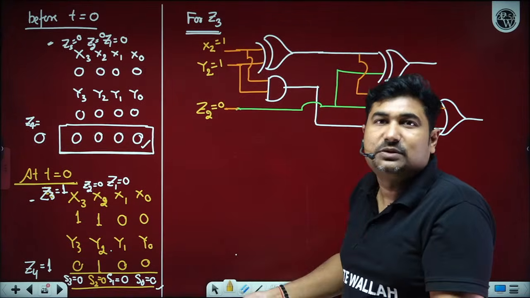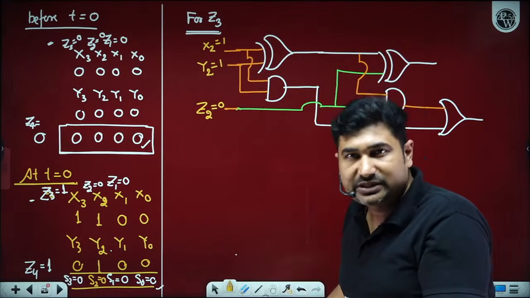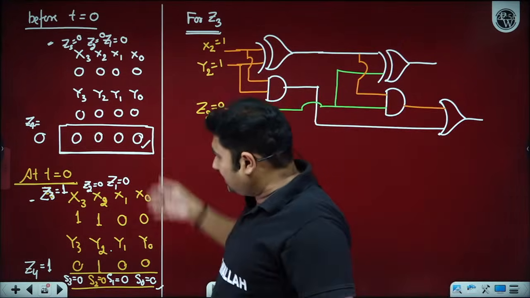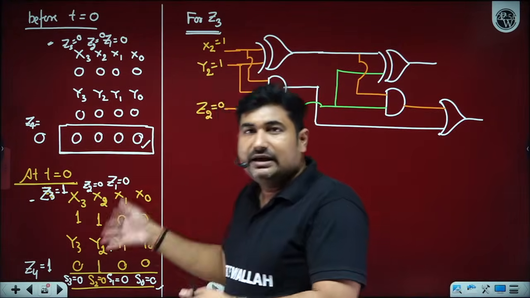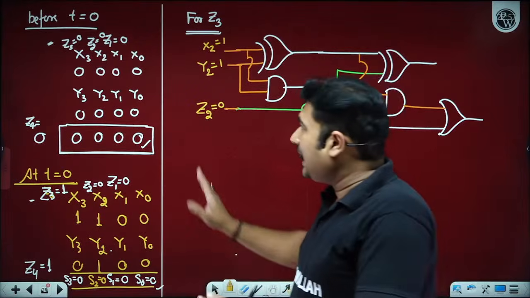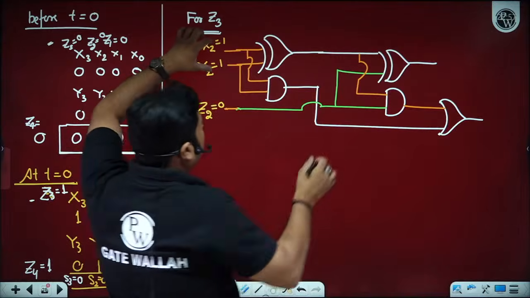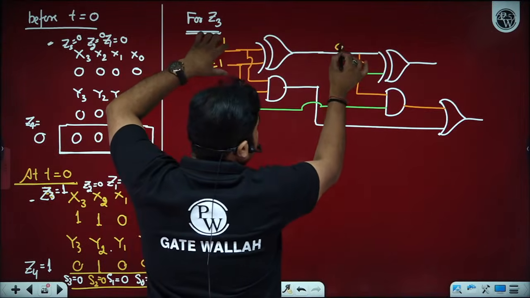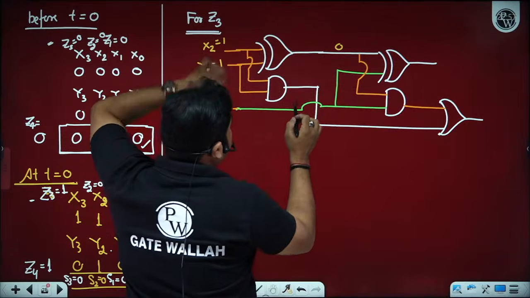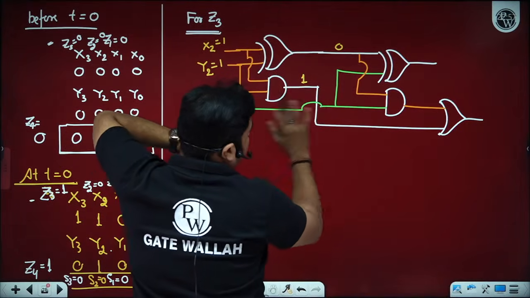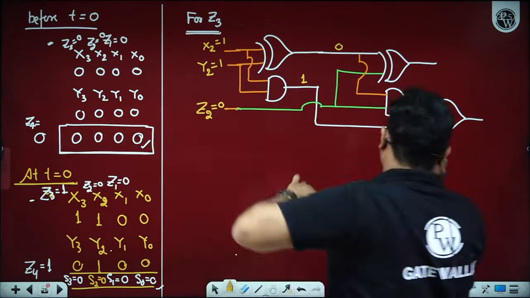It is already 0, and everything up to this part is as before. But now if you observe 1, 1, for the XOR we get 0, and for the AND of 1, 1 we get 1. We are getting 1 here.